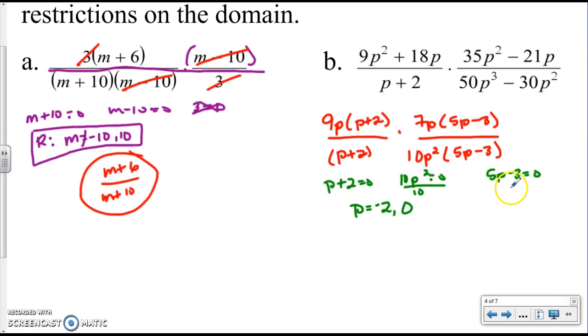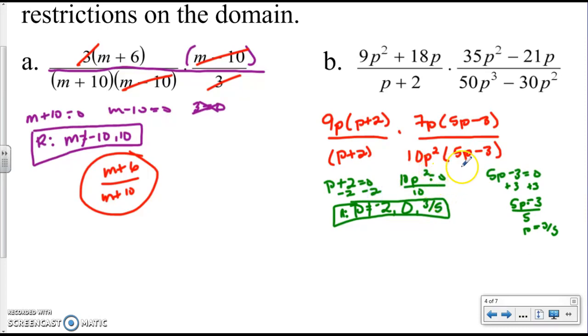And then the last one, add 3 and then divide by 5, so I get 3/5. Okay, so these are my restrictions. p cannot be negative 2, 0, or 3/5. Okay, so just make sure you're really careful with your steps there.